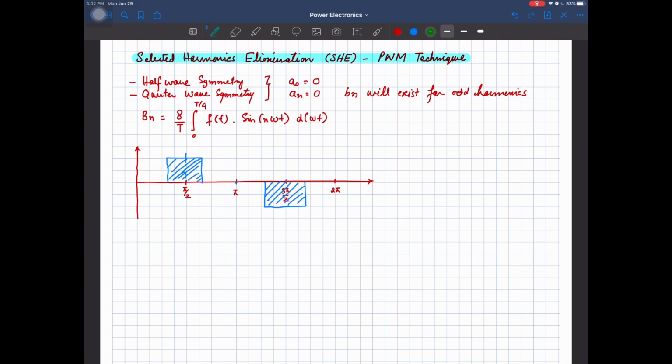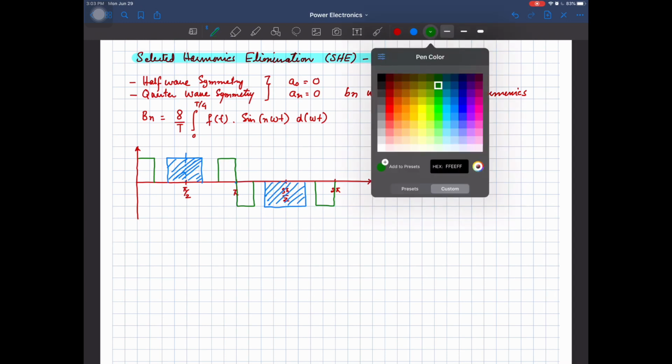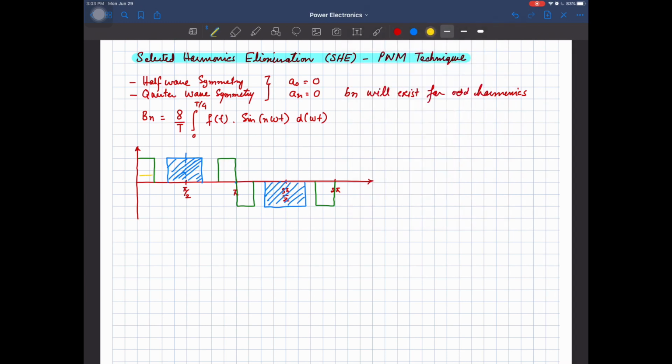Now if I add another pulse over here, then I will have to add this part over here as well to maintain these two symmetries, and I will have to add these parts in the negative half as well. Okay, now let's mark the angles. Let's suppose that this angle is alpha 1 and this angle is alpha 2 from this reference point.